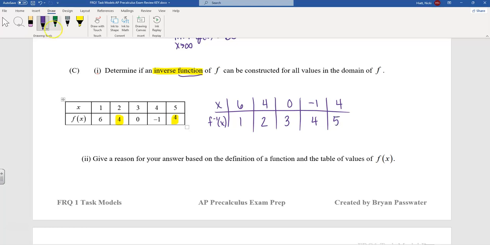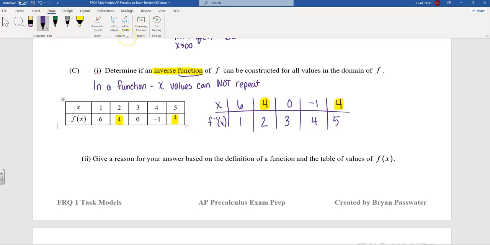So if I look at this now, in a function, x values cannot repeat. Alright, so I can see that I've got a 4 that repeats here.